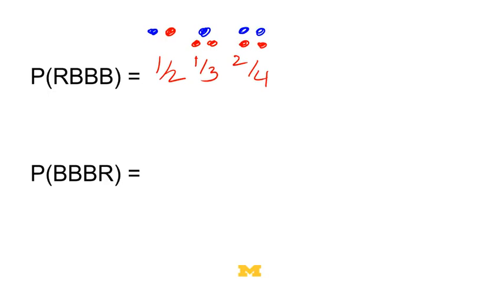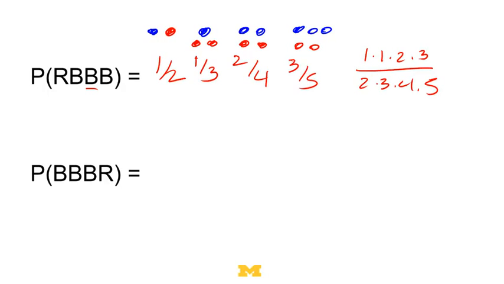And then for this last one, I've picked a second blue ball, and I've got 3 blue balls and 2 red balls, so the odds of picking a blue ball are 3 out of 5. So when I multiply all this together, I get 1 times 1 times 2 times 3 over 2 times 3 times 4 times 5. So it's 3 times 2 times 1 over 2 times 3 times 4 times 5.